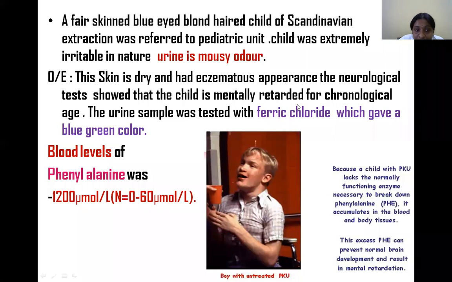For chronological age, the urine sample was tested with ferric chloride, which gave a blue-green color. The blood level of phenylalanine was 1200 micromoles per liter, but the normal range is 0 to 60 micromoles per liter. The boy with untreated phenylketonuria was mentally retarded.